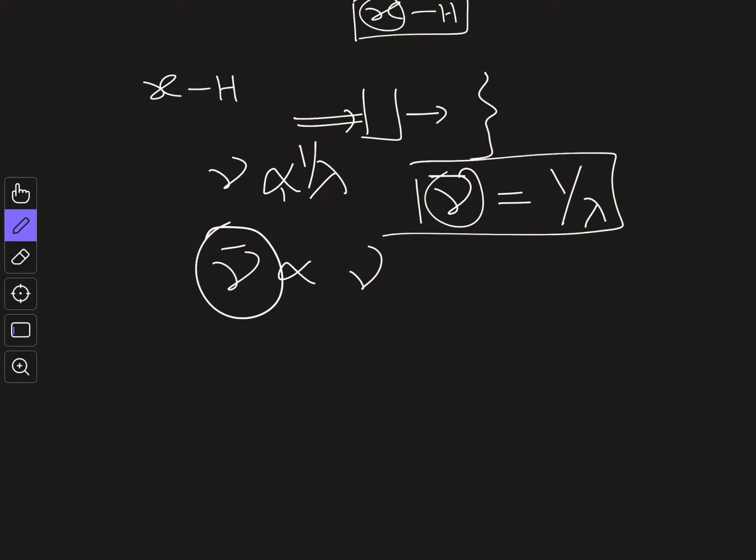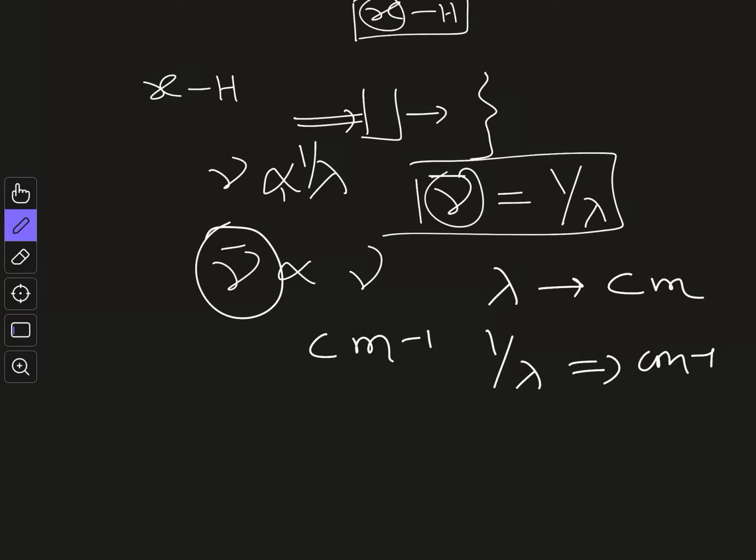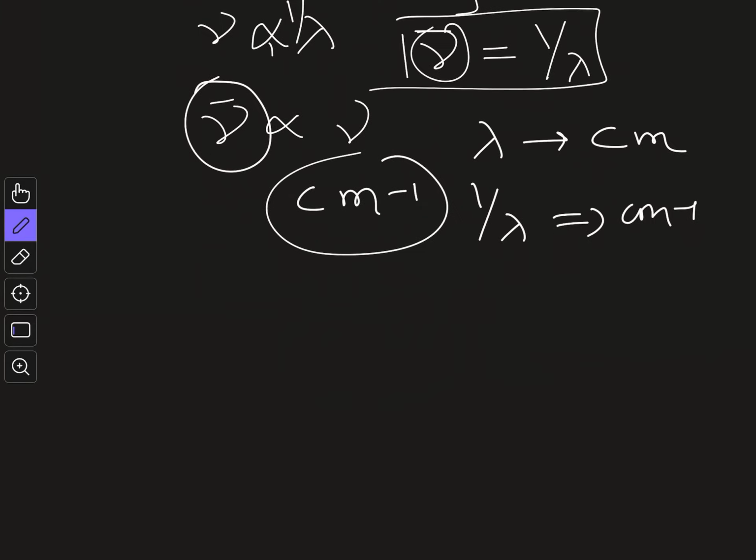So generally its unit is centimeter inverse. You can see because the lambda is taken in centimeter unit, so 1 by lambda will be in centimeter inverse. So the unit in which we express the IR data is centimeter inverse, and which is actually the wave number or 1 by lambda. Now what is the region which we observe?